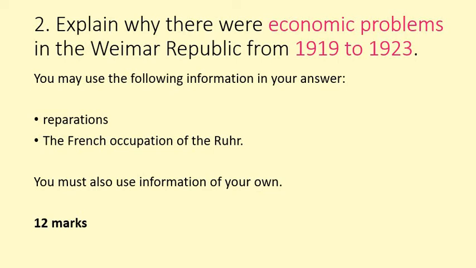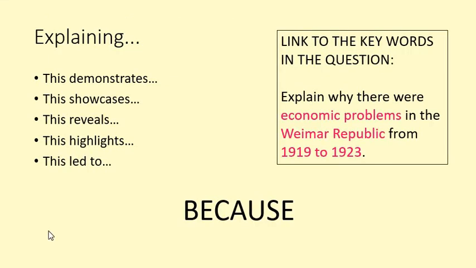Once you've finished describing the initial point, in this case making reparation payments, we must then explain why this particular point caused an economic problem. And you can do this by using phrases like this. This demonstrates, this showcases, this reveals, this highlights, this led to. And you're also always going to be thinking about our main explain word, because.